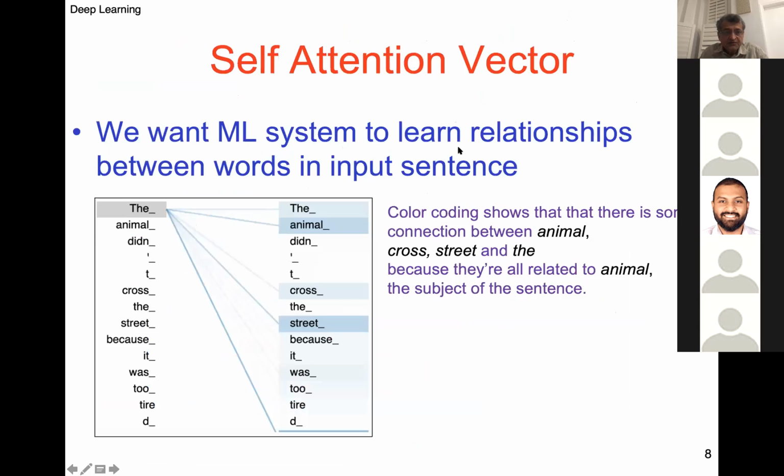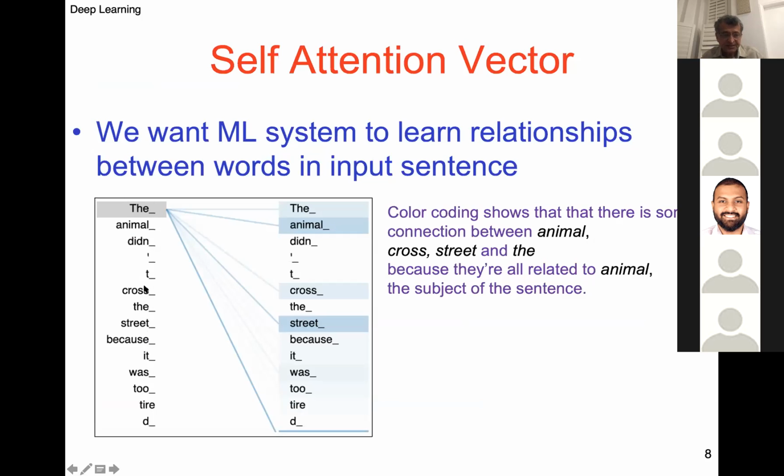So here is a longer example of self-attention vector. Supposing we want a machine learning system to learn relationship between words in an input sentence. Supposing it said, the animal didn't cross the street because it was too tired. So there is a lot of interrelationships going on right there. This is not a machine translation example.